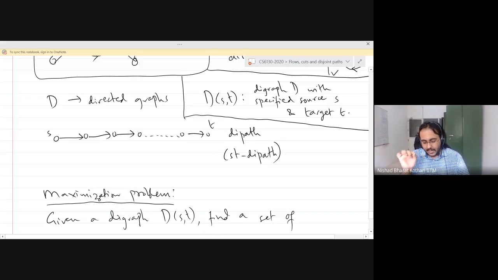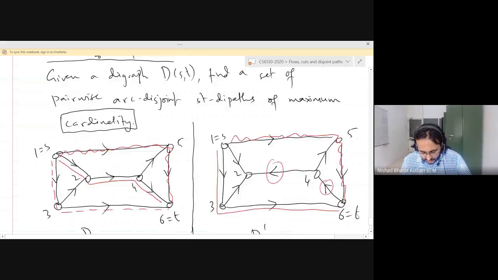So when you say st-dipath, you're going from S to T, and all edges have to be oriented towards T. They have to be directed away from S and towards T, right? And so in that sense, a TS dipath is different from an ST dipath, right? Whereas in a graph, ST path is the same as TS path, right? Okay, so that's the maximization problem.